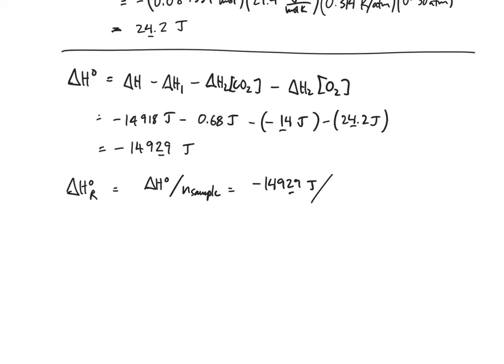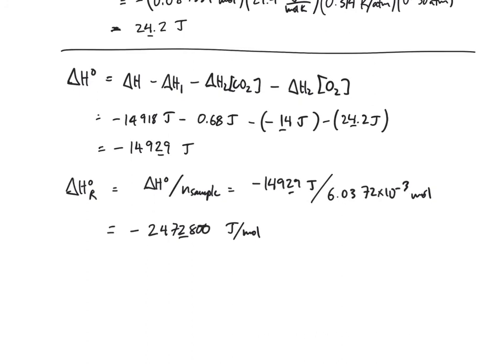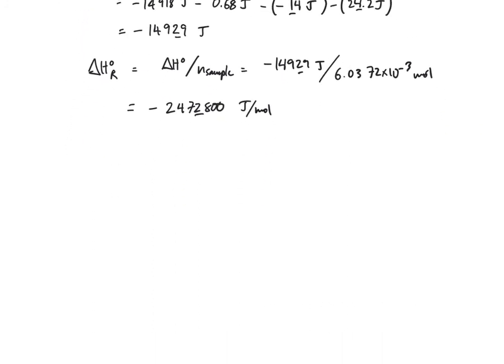There's my sig fig. 6.0372 times 10 to the negative 3 moles. And when I do that math, I get 2,472,800, or that's my sig fig, joules per mole. That much heat, enthalpy is changed with this reaction.